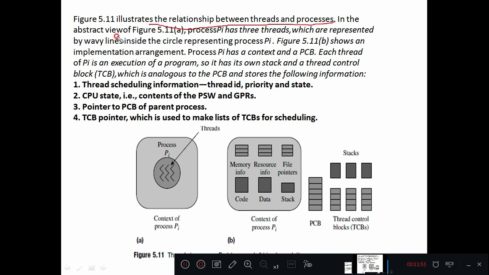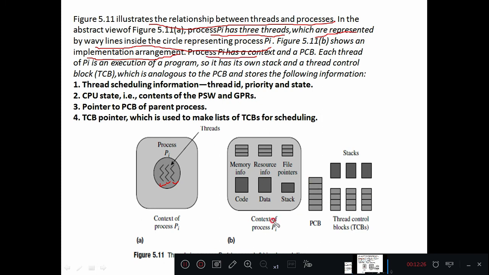In the abstract view of the figure, process PI has 3 threads, which are represented by wavy lines inside the circle representing process PI. Figure 5.11(b) shows an implementation arrangement, how a particular thread is going to be implemented.